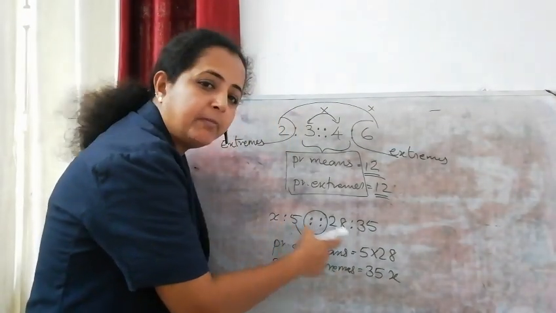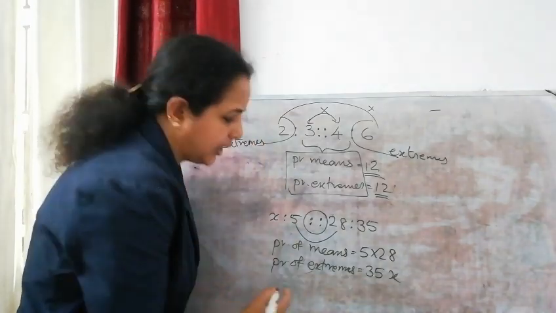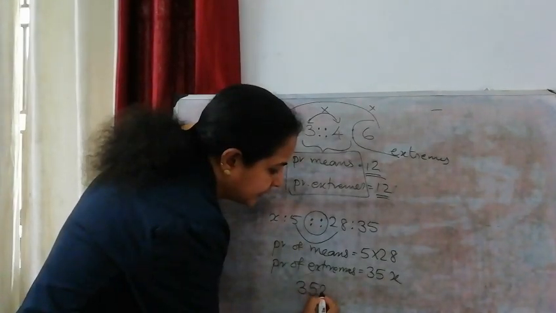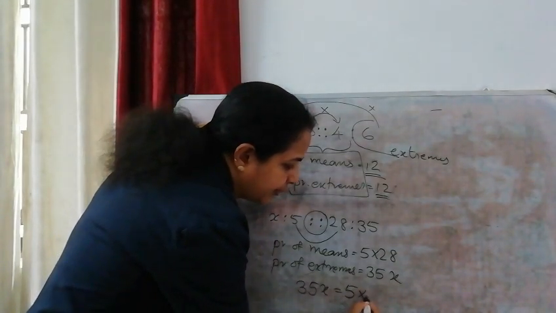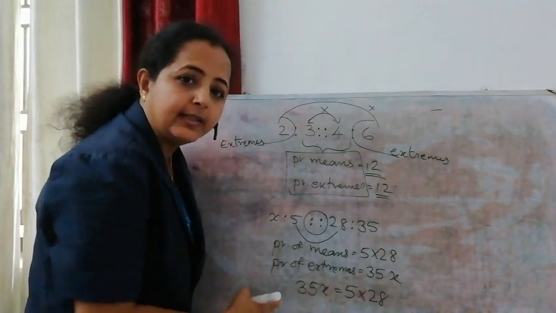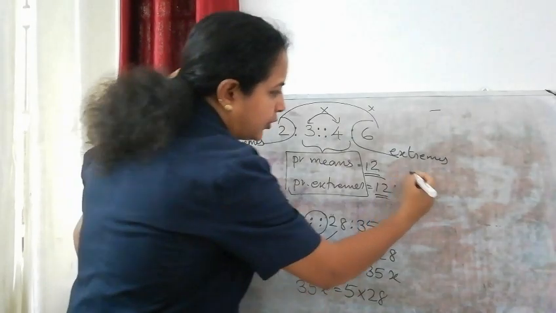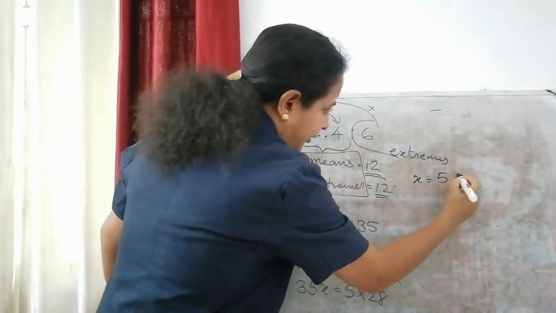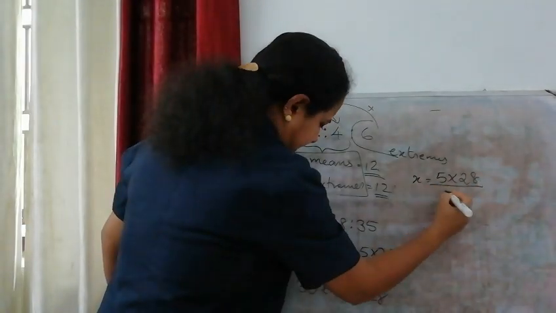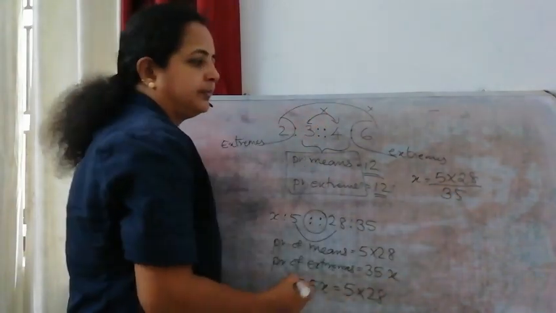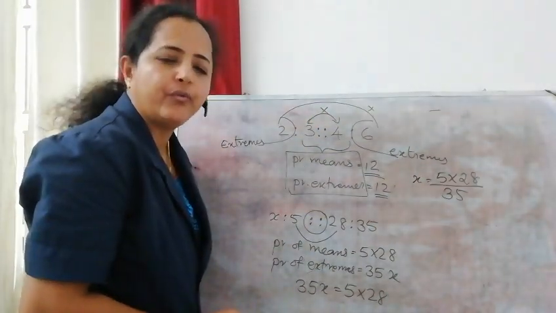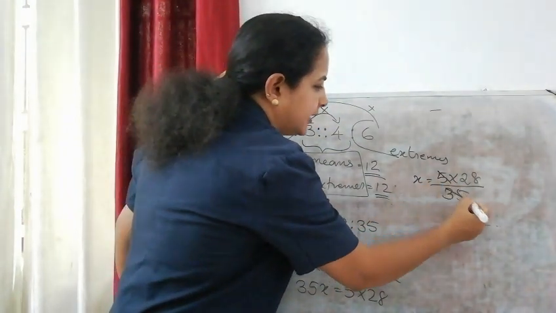They are in proportion, so these two should be equal. That is, 35x is equal to 5 into 28. This is an equation form, and we can find the value of x. x is equal to 5 into 28 divided by 35. Then we will get the value of x. 7 fives are 35.